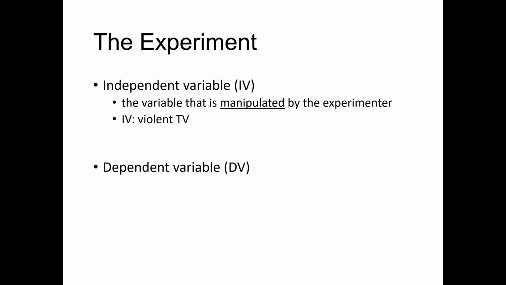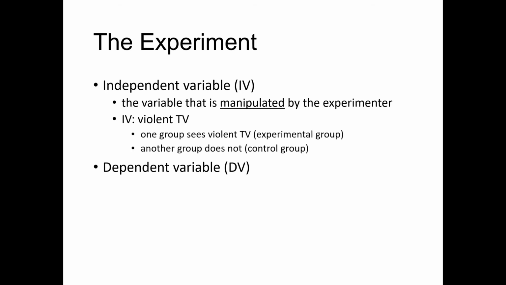The group that engages in an activity that the researcher is most interested in, in this case the influence of watching violent TV, is called the experimental group. And the group where the participants will not engage in any activity, in this case not watching any TV, is called the control group.